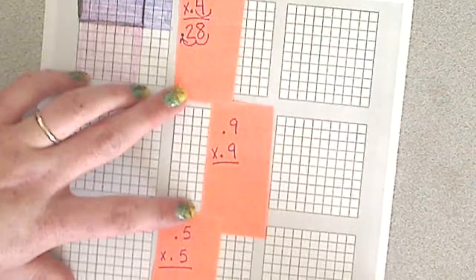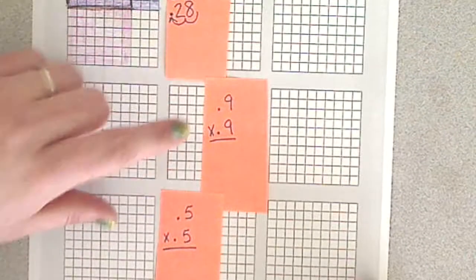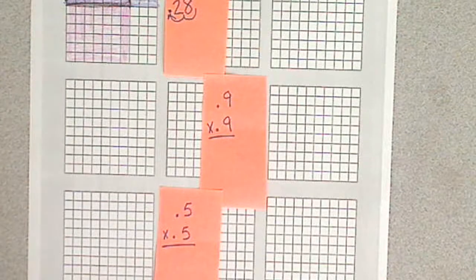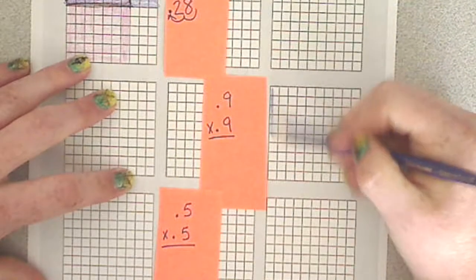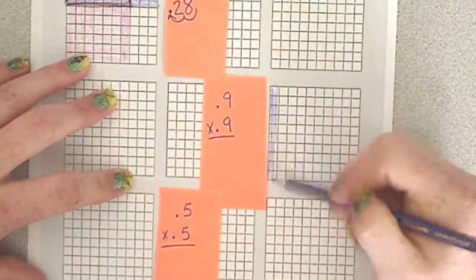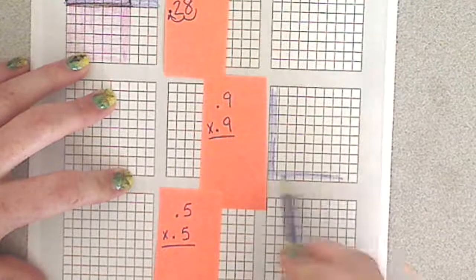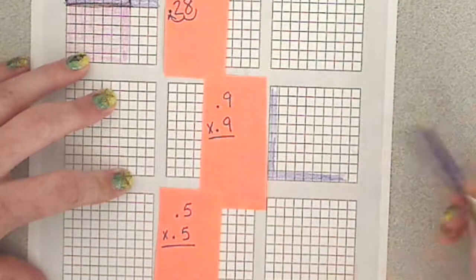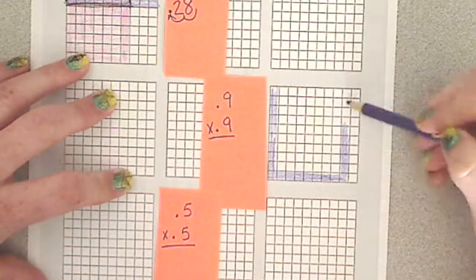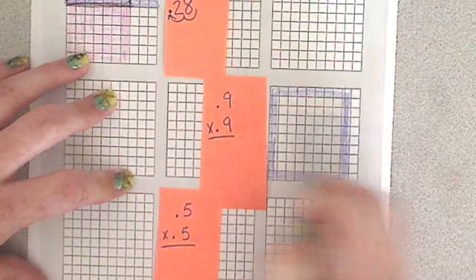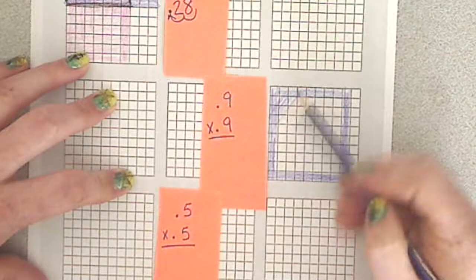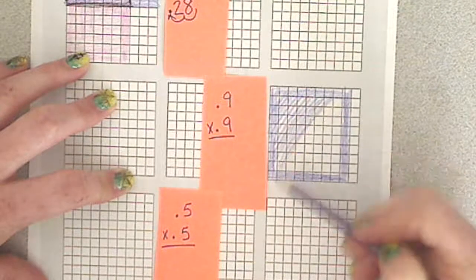Let's look at our next example, which is 9/10 times 9/10. So I'm going to color in 9/10. See, I'm not being real picky about color or the perfection of this.